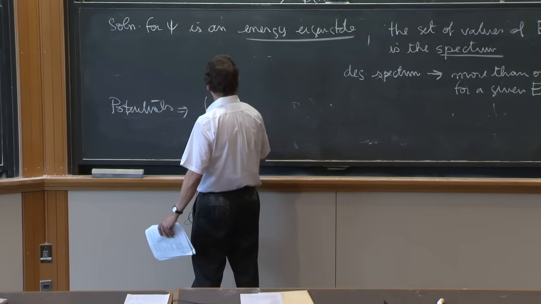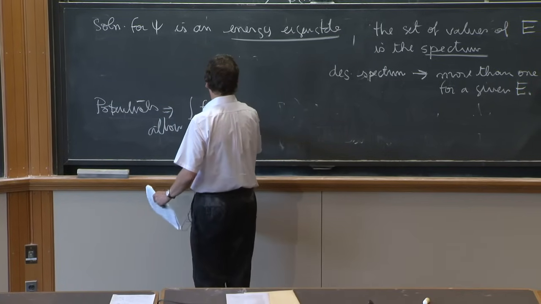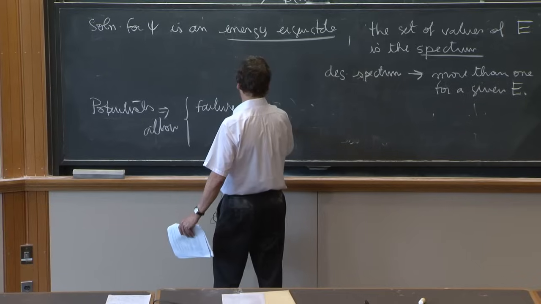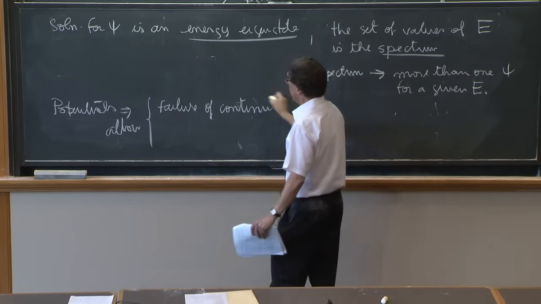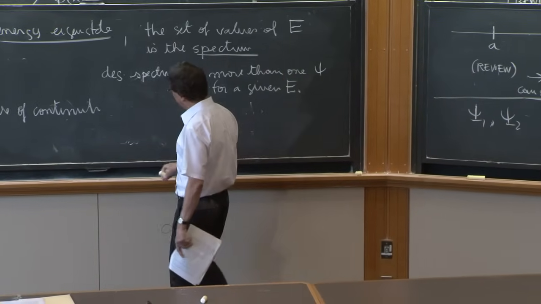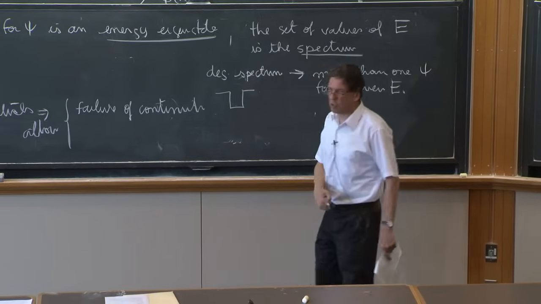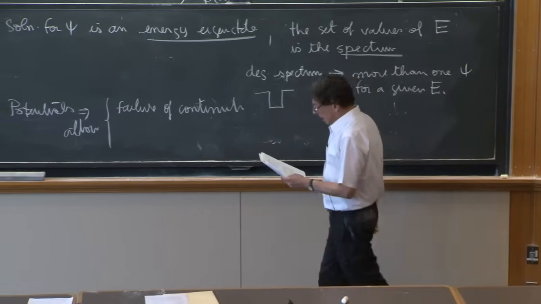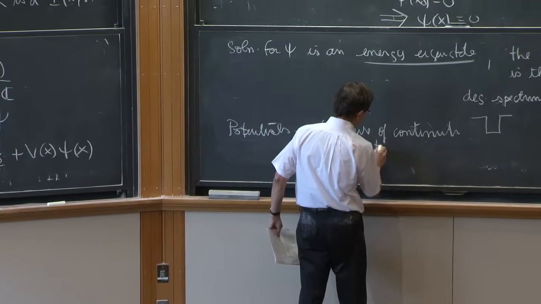What do we allow? We allow failure of continuity. Certainly, we must allow that in our potentials that we consider, because you have even the finite square well. The potential is not continuous.